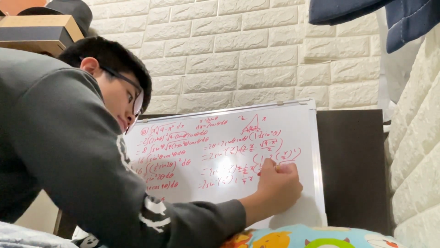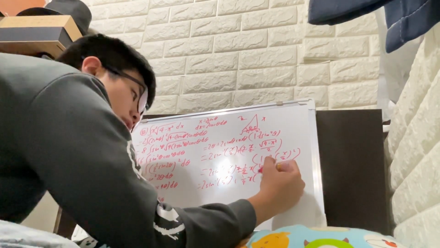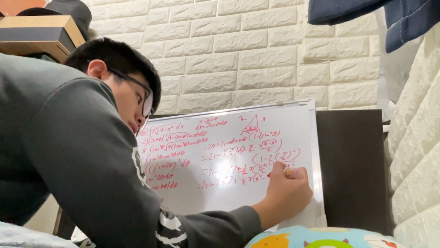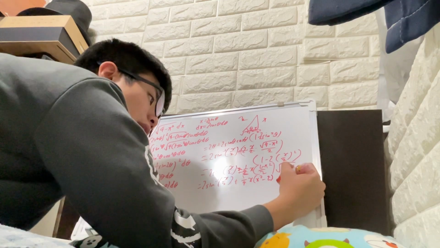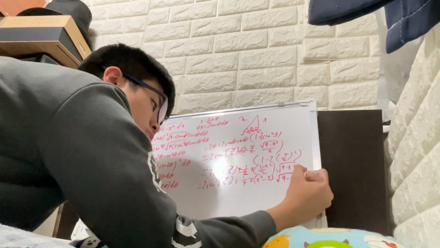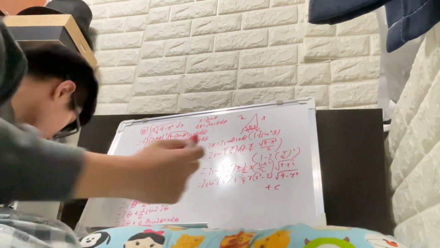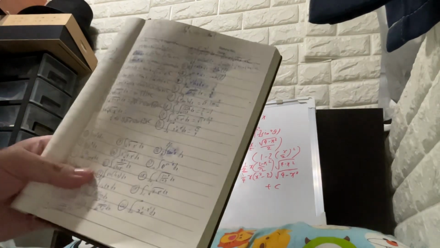Our answer, just factor it, switch the order, and then x times x squared minus 2 times square root of 4 minus x squared plus c. Ooh, that's the answer. I forgot to distribute the negative sign here. That's the answer. Whoa.